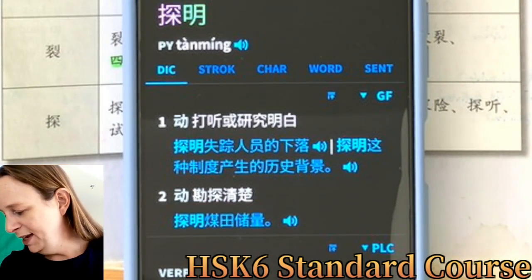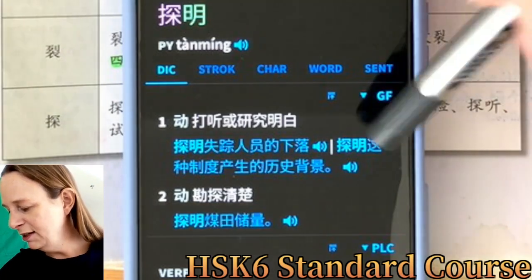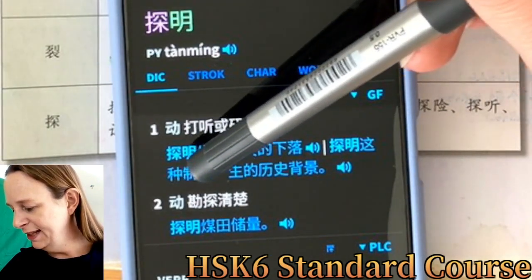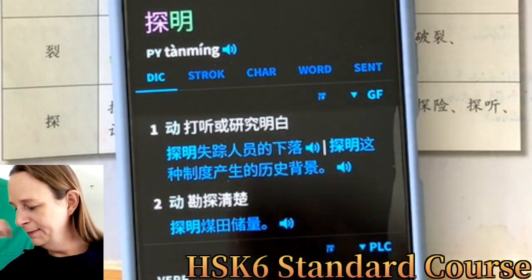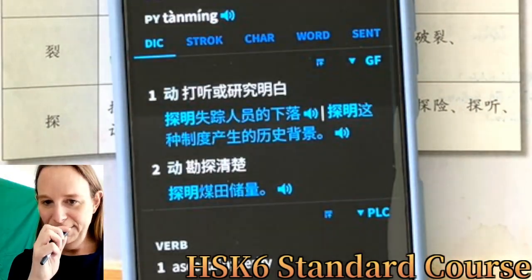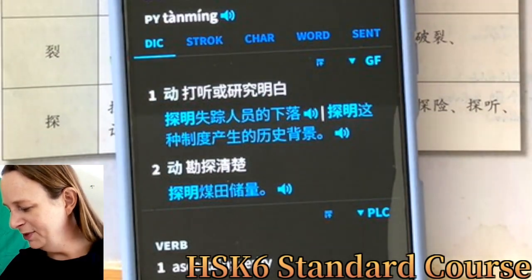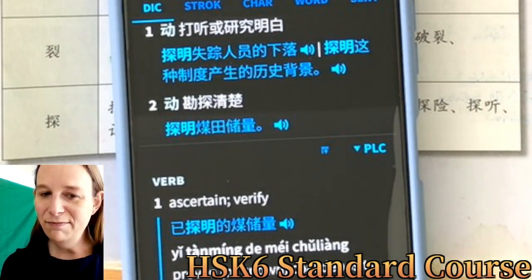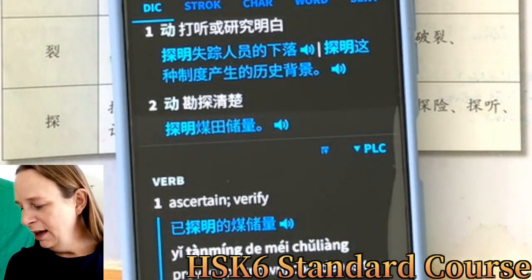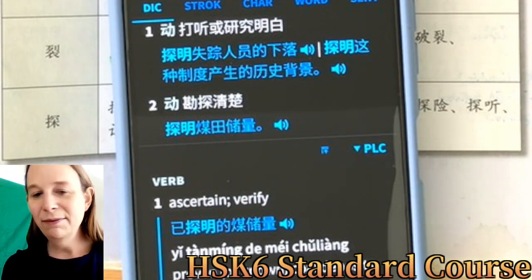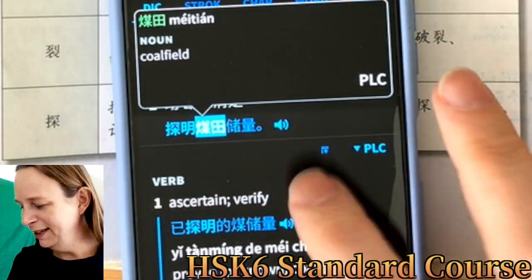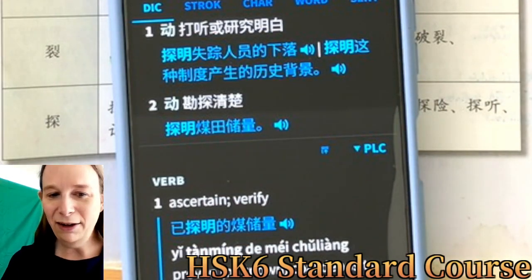Okay, 探明这种制度产生的历史背景, so explore clearly, ascertain the historical background created by the system, or something like that. 勘探清楚, so this is related to mining and that sort of thing. 探明煤田 is coal fields, is it?